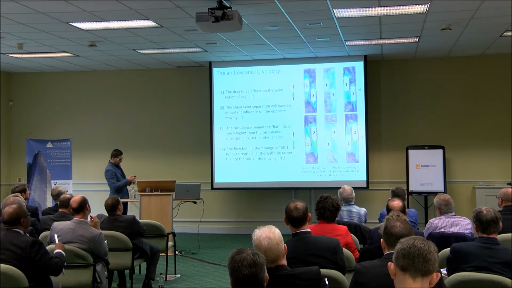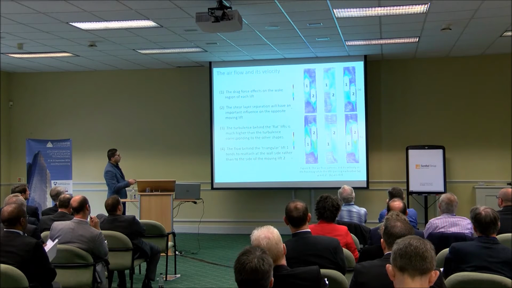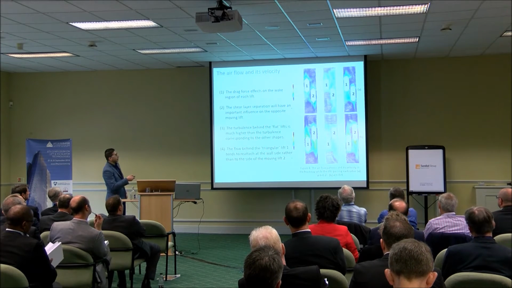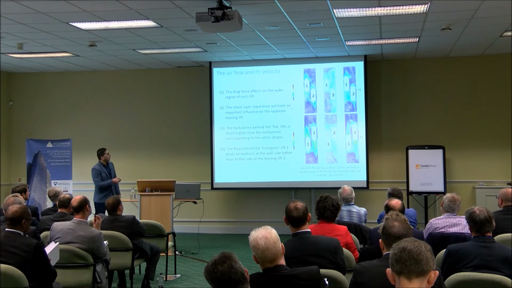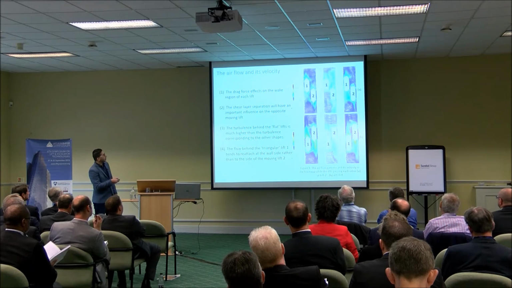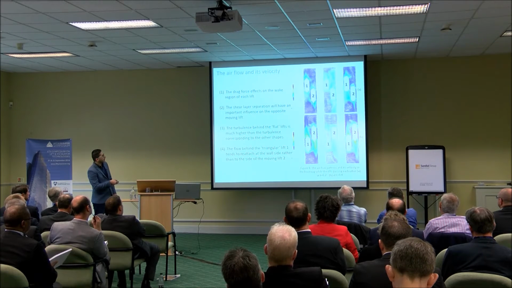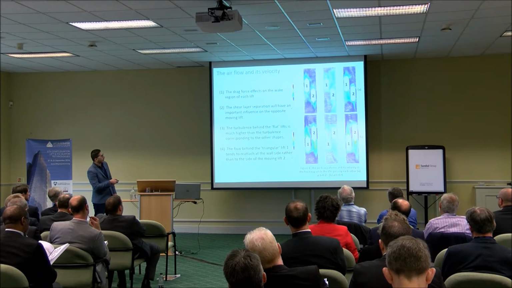This figure shows the airflow patterns and its velocities in the hoistway. It's clear that the turbulence behind the flat lift is much higher than the turbulence behind the other shapes.